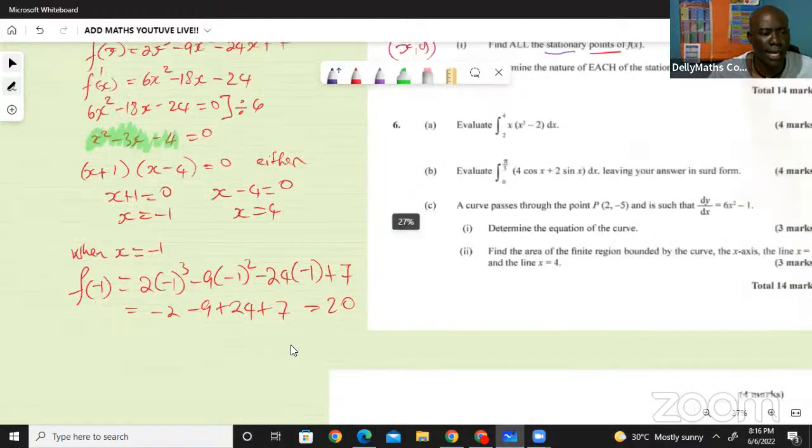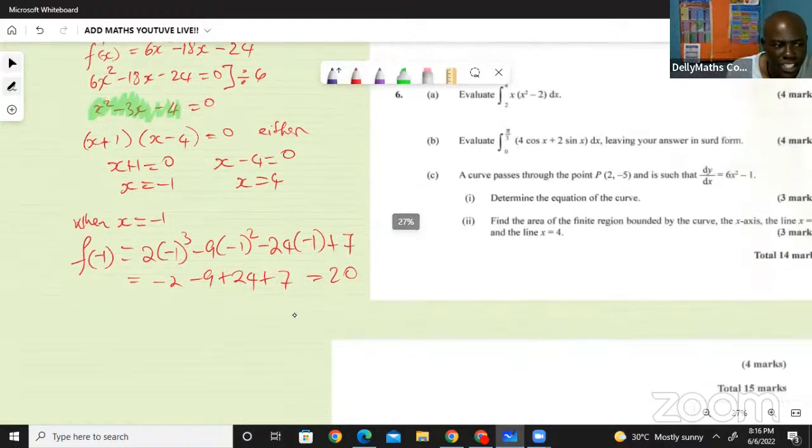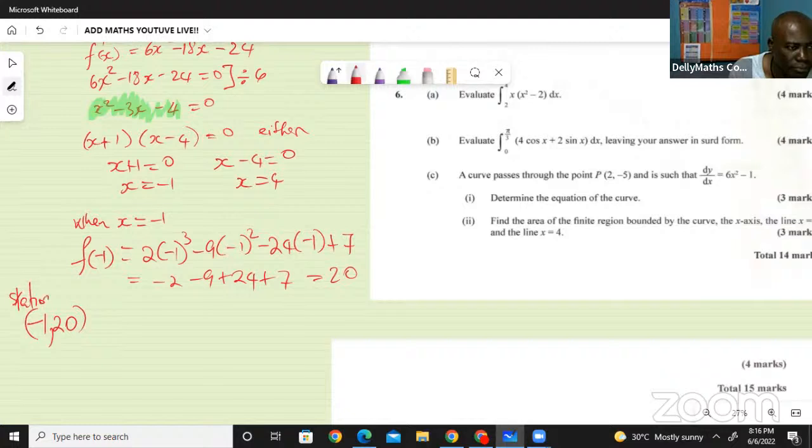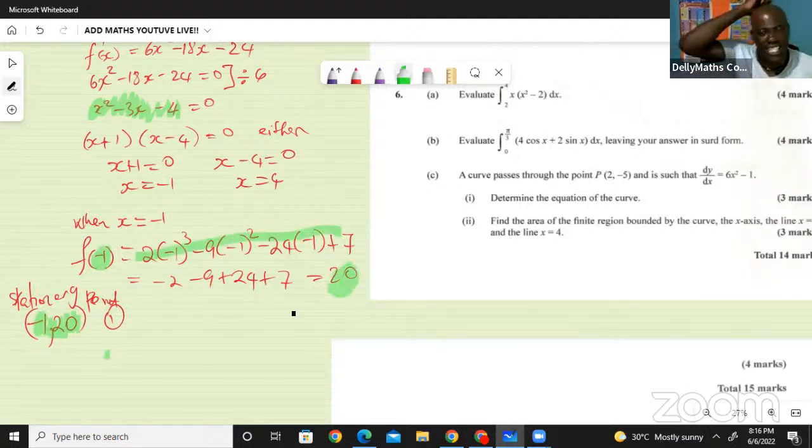This means that one of my stationary points is negative 1, 20. Stationary point 1. That's the idea.